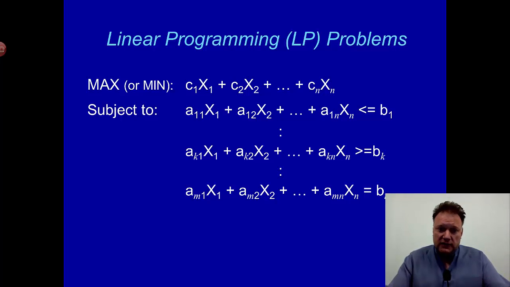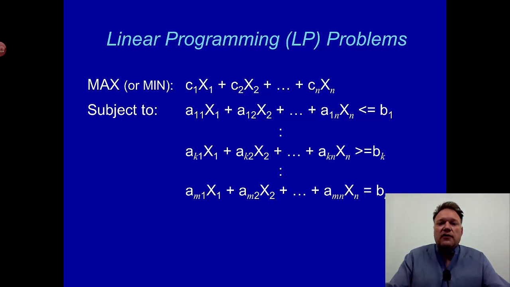You'll notice the same again on the left-hand column. You'll see all the x1s, and in the next column you see all the x2s. So they're all written in terms of the decision variables, but each line would be a different constraint. And this first one you see A11 x1. Well, x1 of course is the first decision variable.